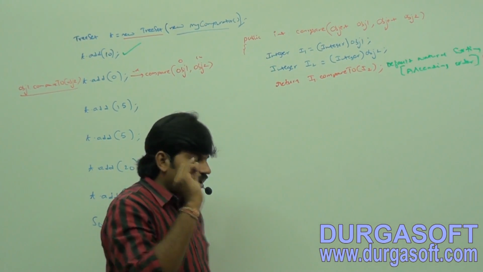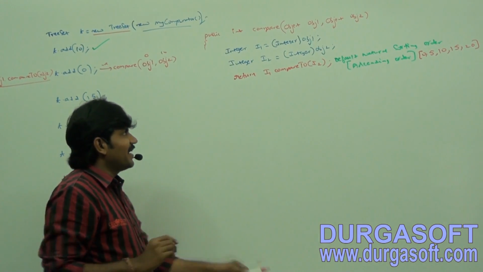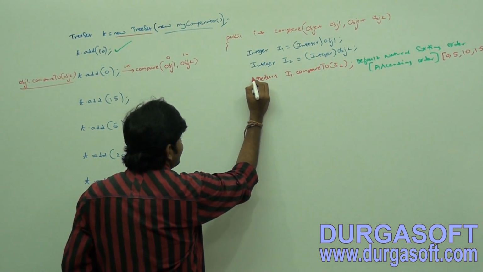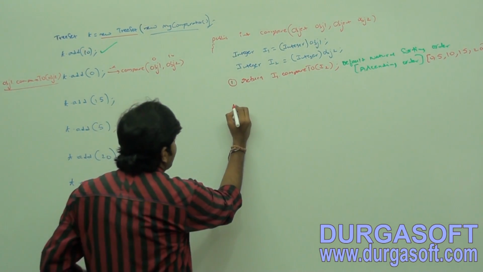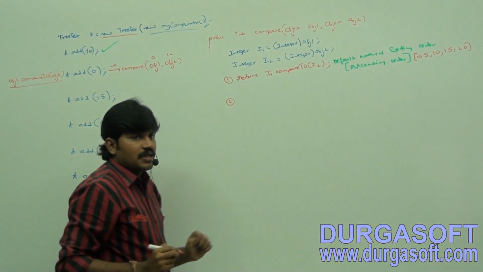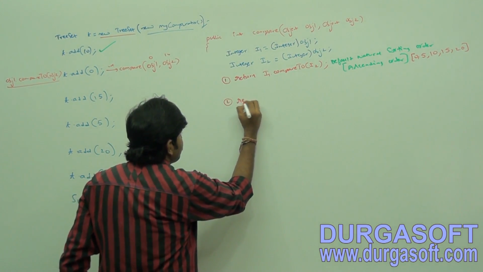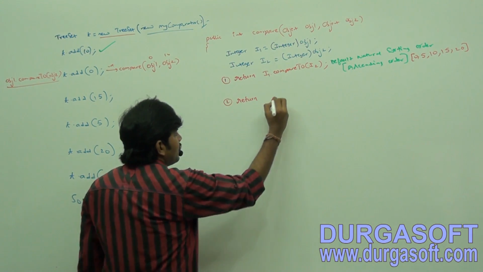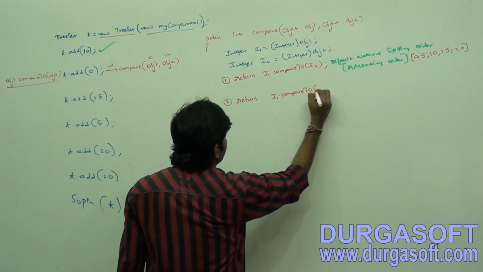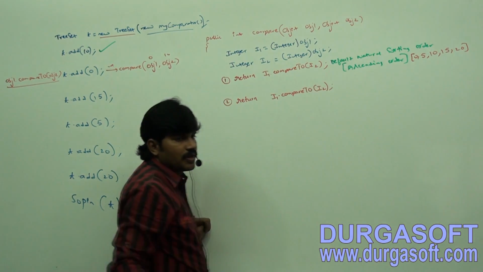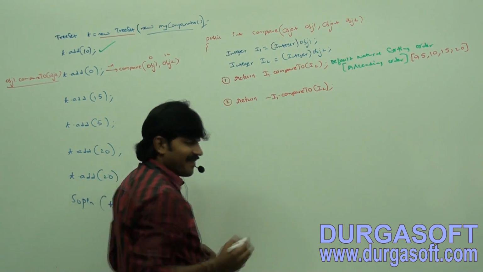I want to apply a small technique. Instead of this, I want to return I1.compareTo(I2) only, but let me add a minus symbol here.